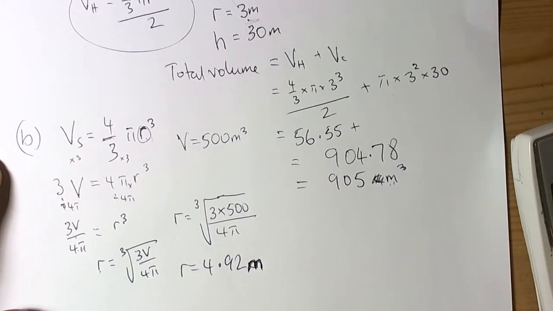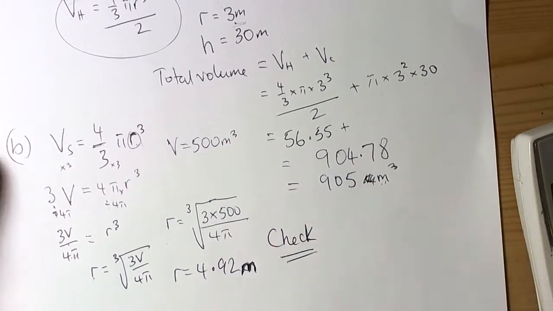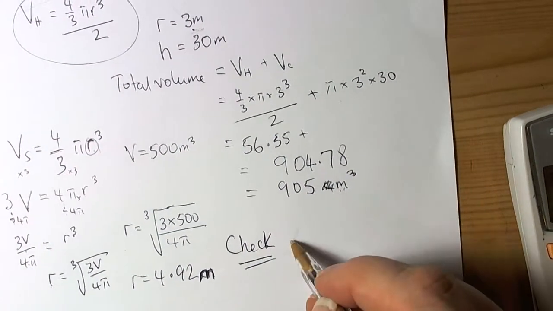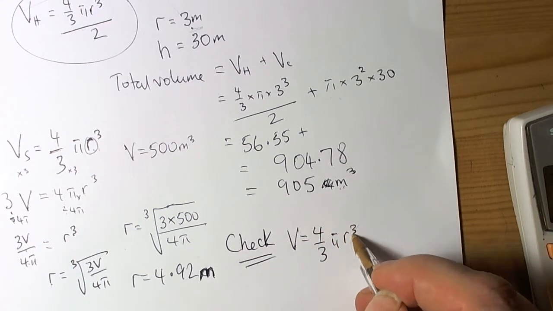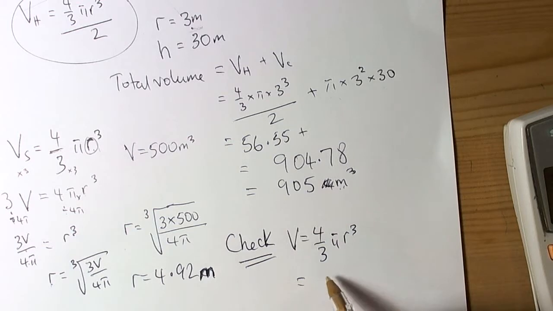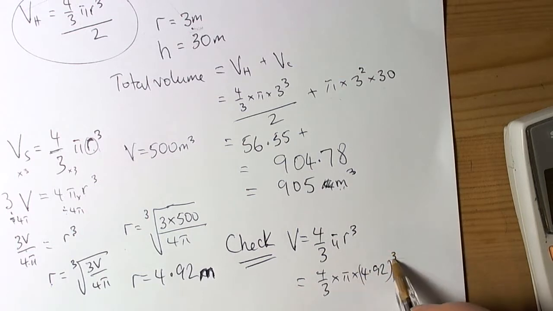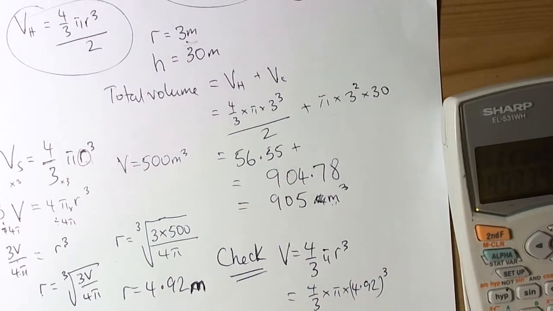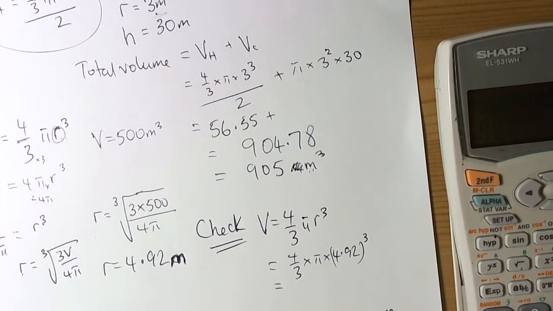And at this stage, you should know by now what I'm going to say, guys. We should check. If we think that is the answer, then when we calculate the volume using the formula for the sphere, 4/3 pi r cubed, with 4/3 times pi times 4.92 cubed, the answer should be just about 500, because that's what the question said the volume was.